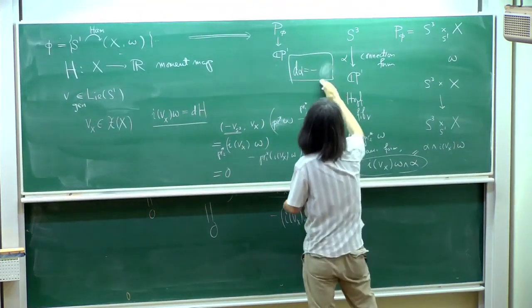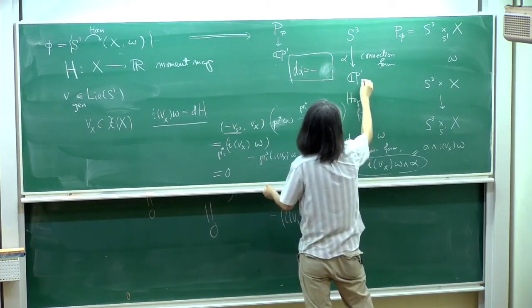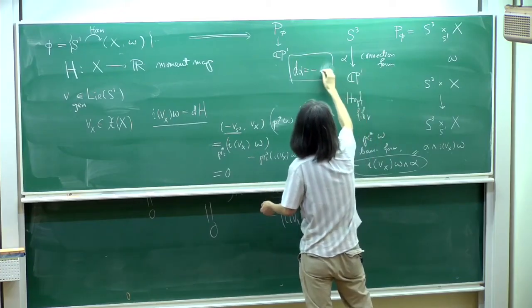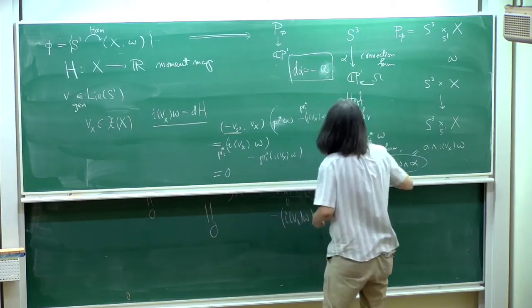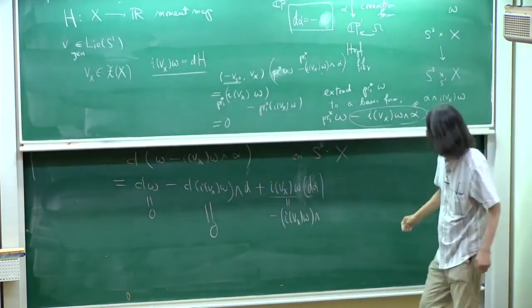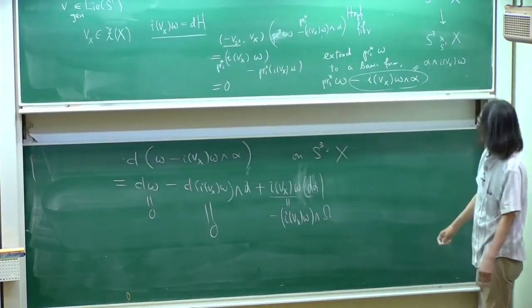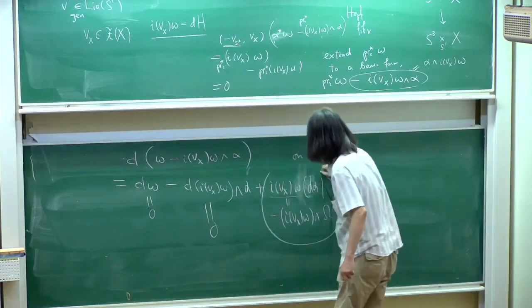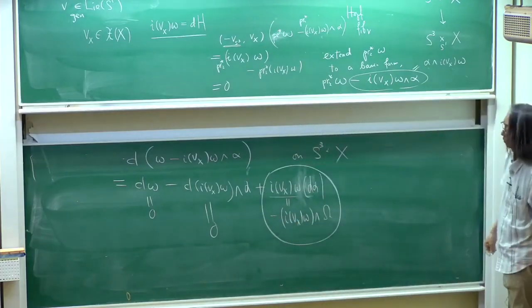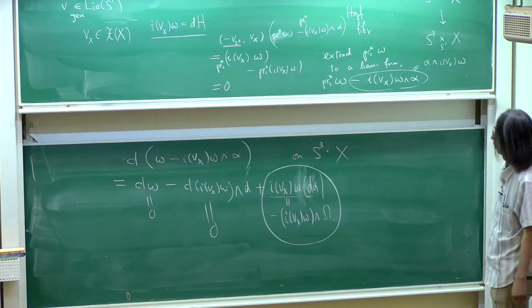So this one is maybe something over here, so I just denote by omega here. Omega is actually a scalar form here, right? And then I just put it over here. So they cancel out. But this is actually the term which we have to think about.